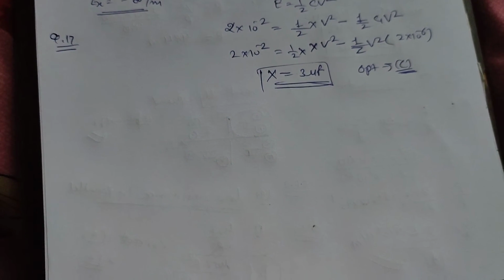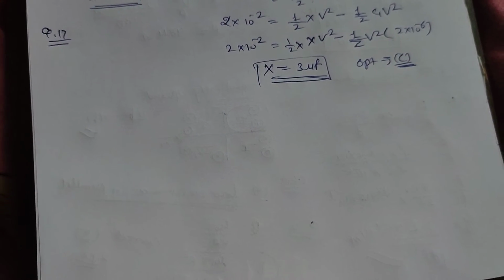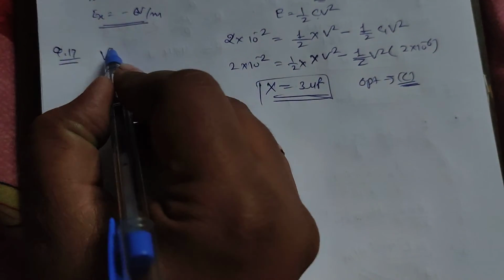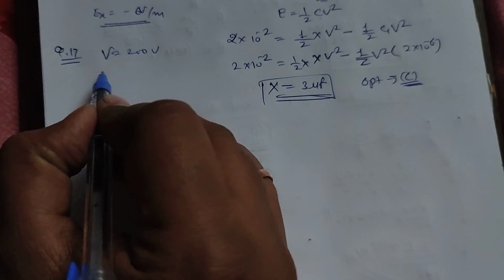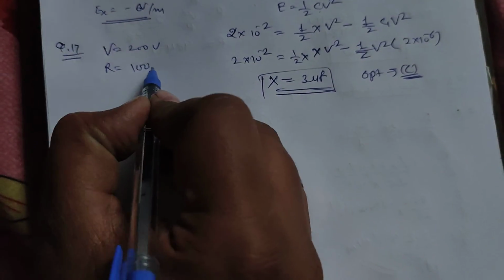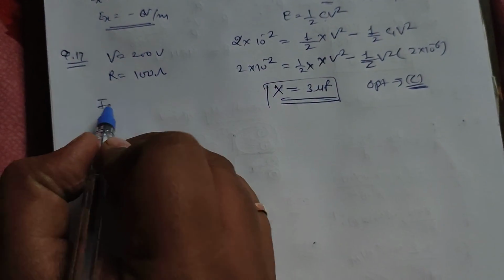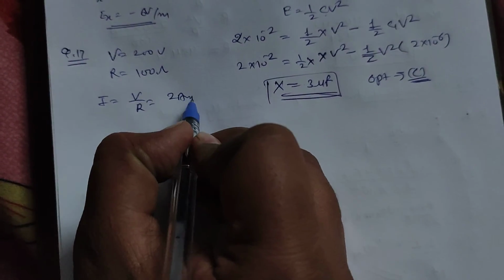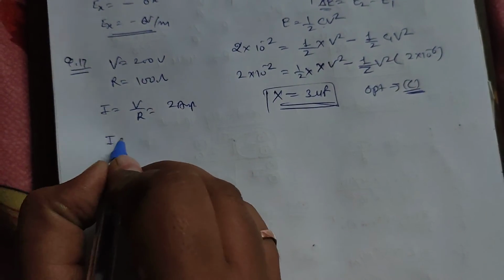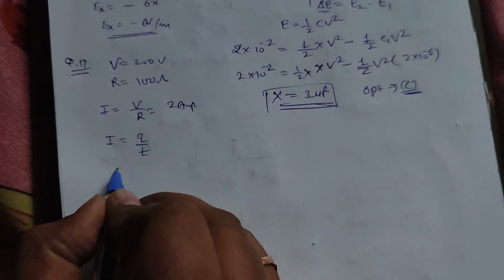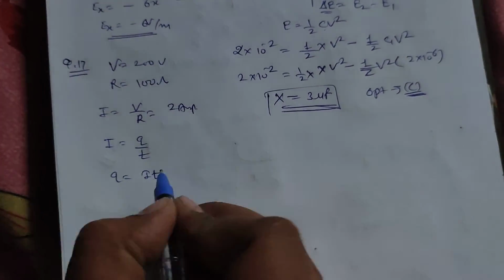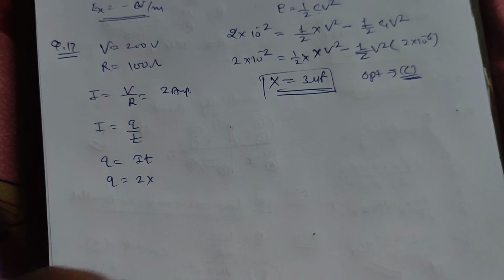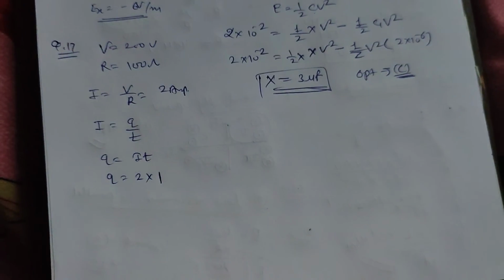In question number 17, a potential difference of 200 volt is maintained. V is equal to 200 volt and the resistance is 100 ohm. So I is equal to V upon R, that is 2 ampere. We know I is equal to Q upon t, so Q is equal to I t, and Q is equal to 2 into the time, which is given as 1 second.